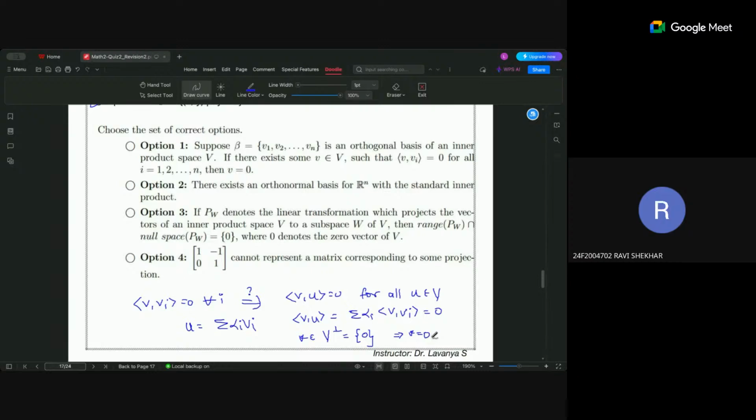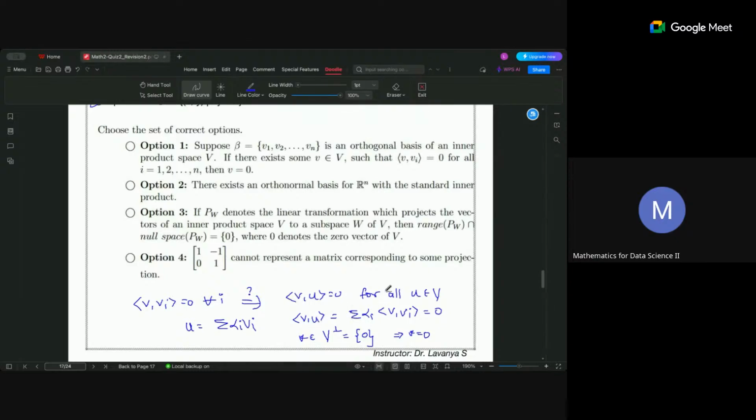Ma'am, there is a small doubt. When we say inner product of V comma Vi, then V is individually multiplied with all the components of Vi. There would be a certain place where we will get V itself in Vi, because it is part of that. Then that inner product won't be 0, na, ma'am. See, that is exactly what is happening.